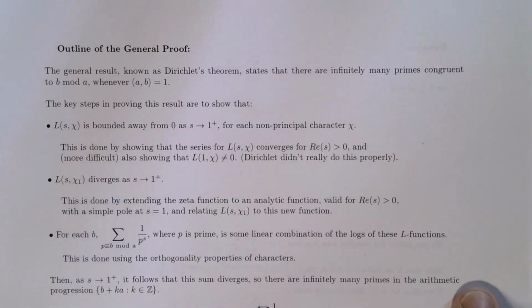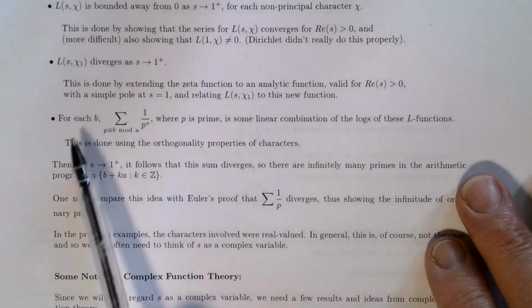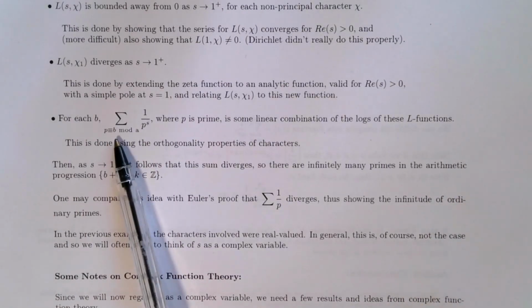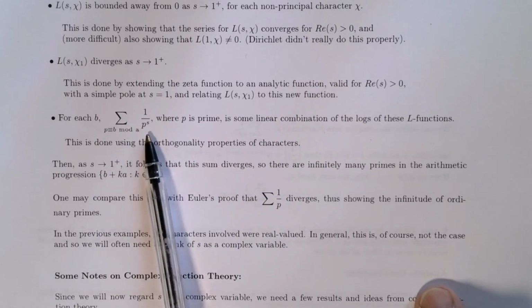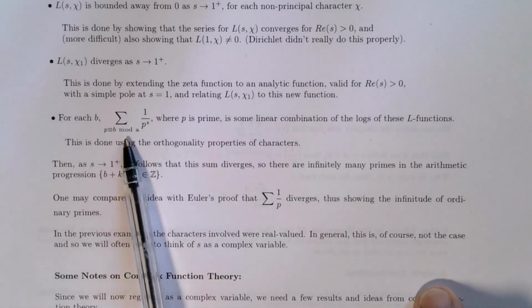The third step then is, for each b, we need to pick out the primes that are congruent to b mod a and take this sum of 1 over p^s, where p is a prime congruent to b mod a.